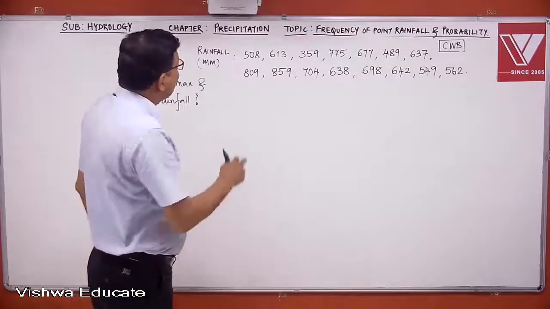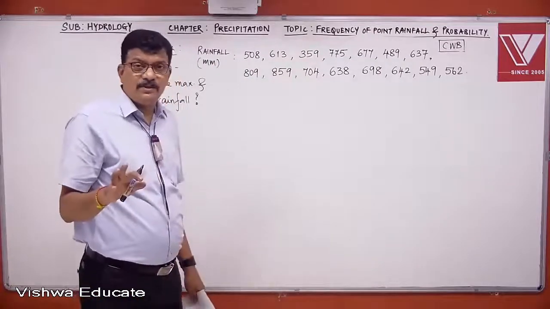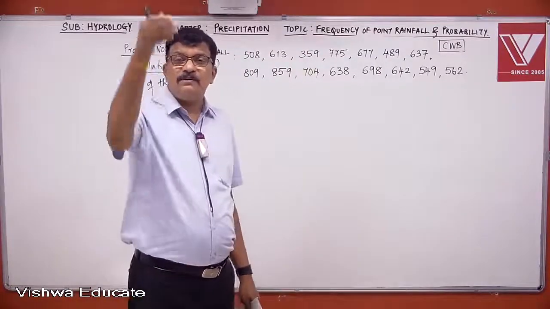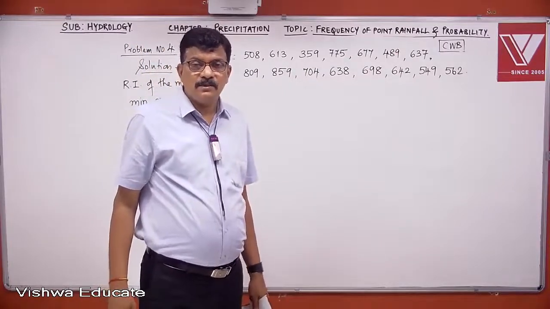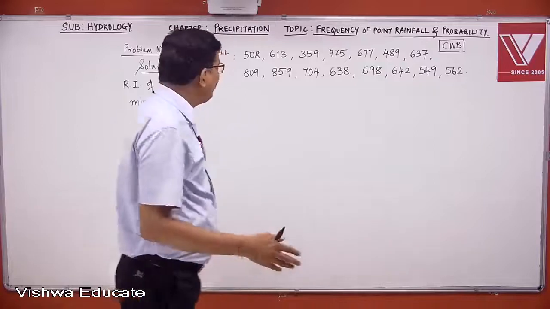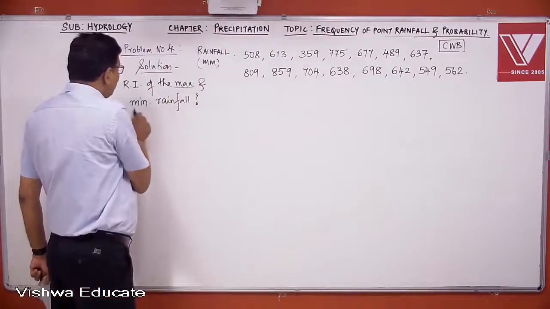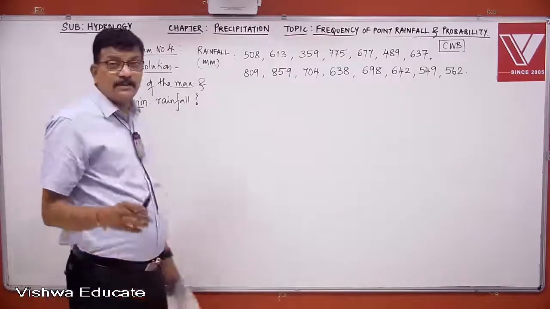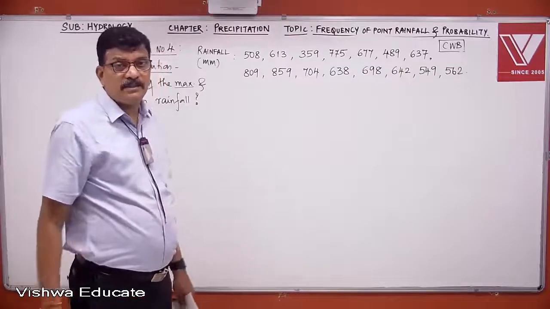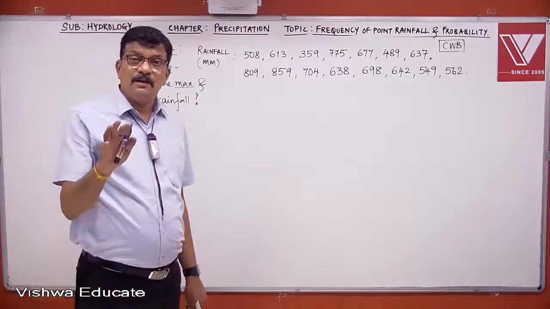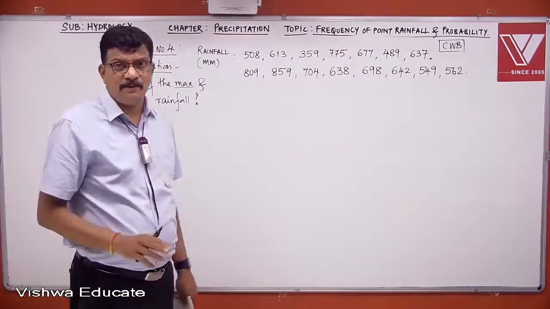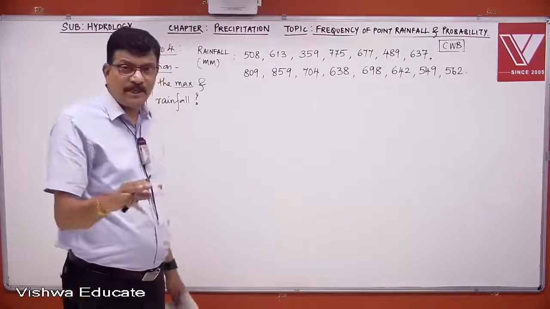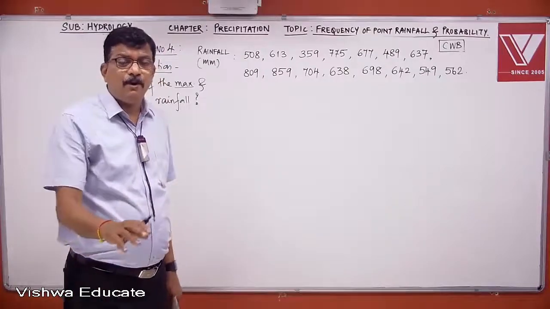So now if you look at this, what we need to do is, as I have mentioned earlier, we have to arrange them in the descending order, and we have to find out with that the return period for these two rainfalls, which is maximum and minimum. Maximum means the severest of the rainfall, the top, and the minimum means that which comes at the bottom of the list.